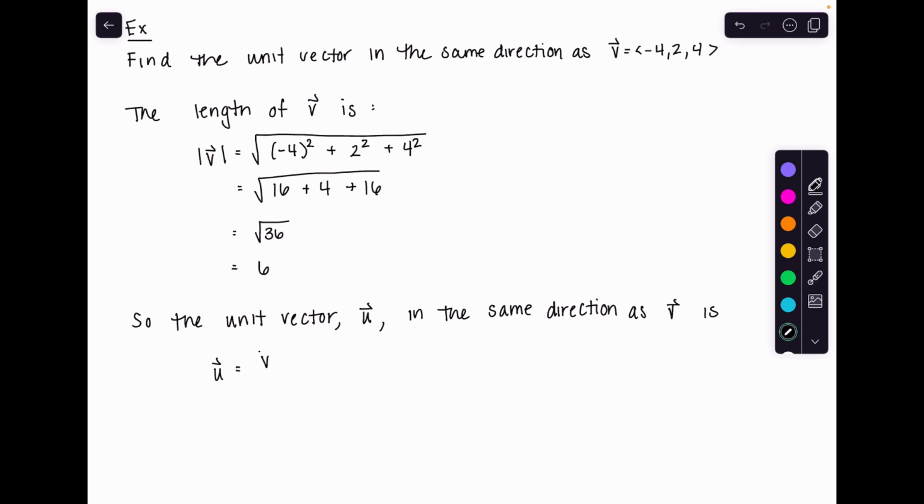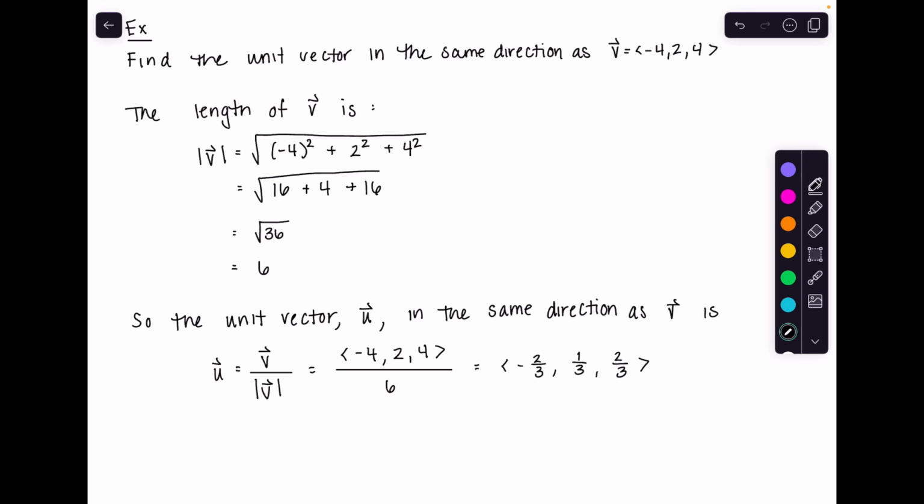We're going to take V and we're going to divide it by the length of V. So really I'm taking the vector -4, 2, 4, and I'm dividing each component by 6. So just to simplify, really everything's divisible by 2. So -4 over 6 really reduces to -2/3. 2 over 6 is 1/3. And then 4 over 6 is also 2/3.